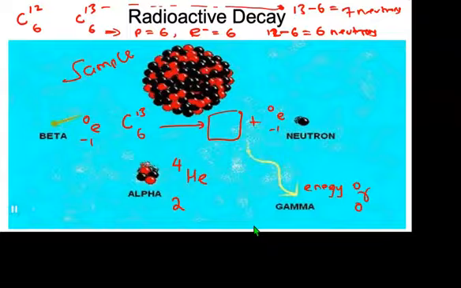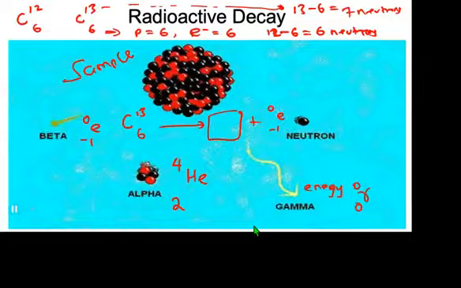Carbon? No, we don't know the element yet, because now the number of protons is changing, right? If I have to balance my 6 on the left and this side, what should be down here? 6? No, it cannot be 6, because 6 plus minus 1 is 5.